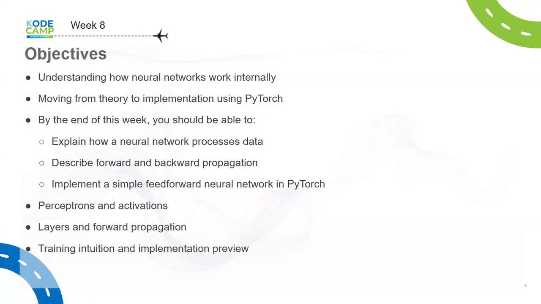We'll go deeply into perceptrons. We'll talk about activations. Activations are the other thing that make neural networks very special, different from most of the other approaches. The activation introduces nonlinearity and therefore allows the neural network to learn very complex nonlinear decision boundaries, even though internally it is a linear model.